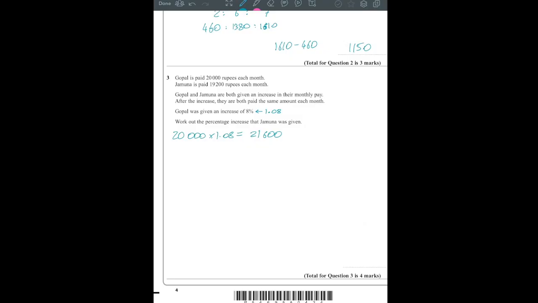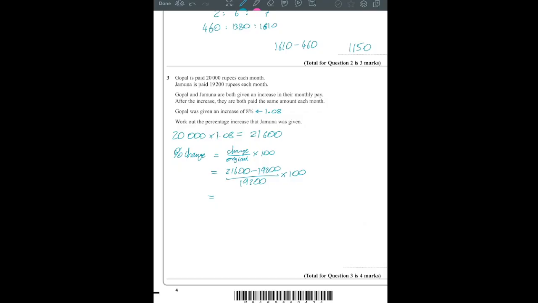And then we want the percentage increase. Well, the formula for percentage change is the change over the original times 100. So the change is 21,600 minus the 19,200, over the original, which is the 19,200, times by 100.